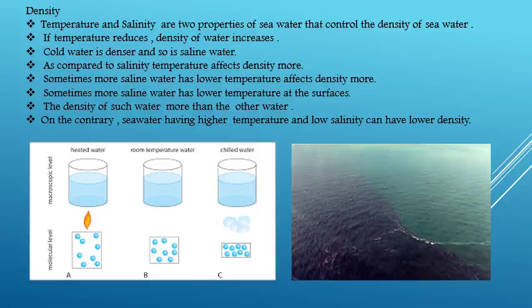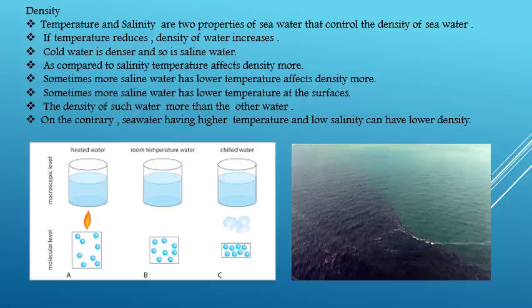As compared to salinity, temperature affects density more. Sometimes more saline water has lower temperature at the surface. The density of such water is more than the other water. On the contrary, seawater having higher temperature and low salinity can have lower density.